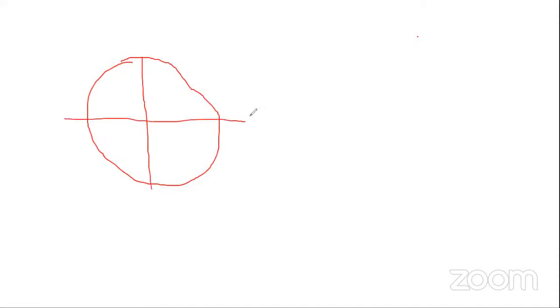Okay. So when we draw this circle, much as it is not well drawn, this would be 0, this would be 90, this would be 180, 270, and then when we get back, it gives us 360. Okay.